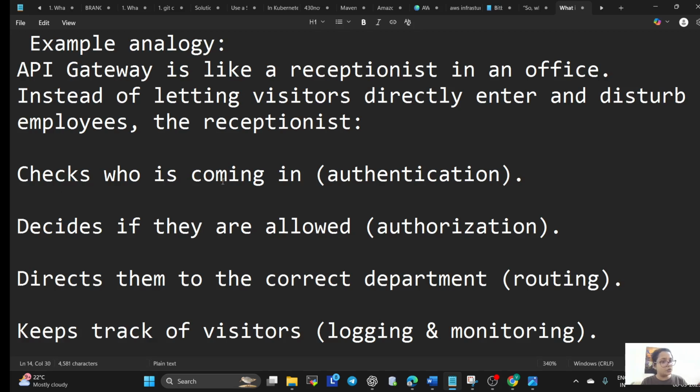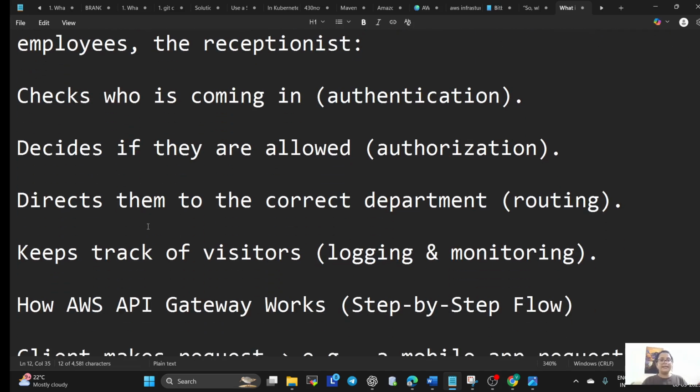So it checks who is coming. API Gateway will work like a receptionist. I hope you understand. Now, who is authorized? It decides if they are allowed. For example, I ordered from Zomato, but I didn't ask them to come to my seat, so I didn't give them authorization also.